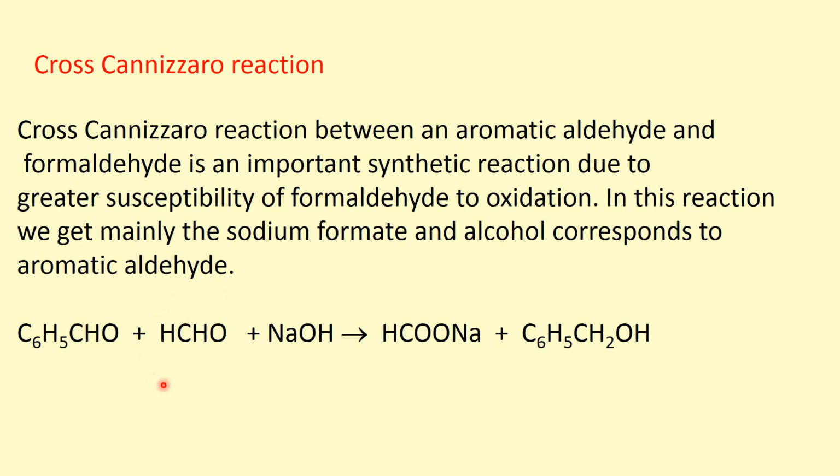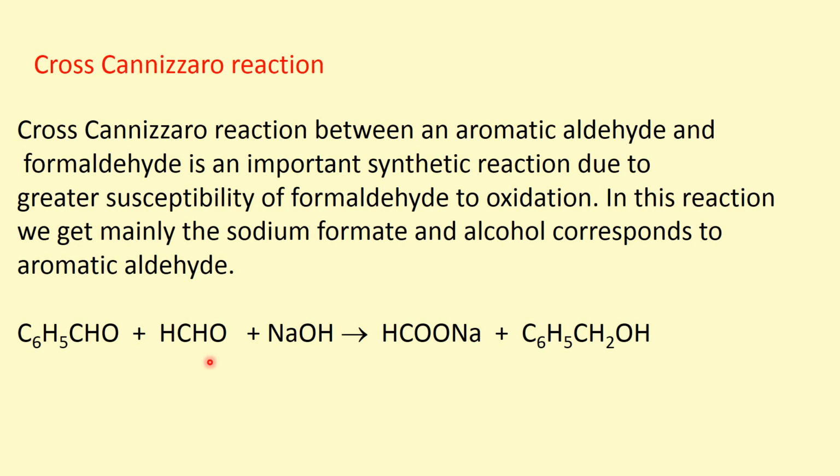Generally, in the Cannizzaro reaction, if you take one molecule as formaldehyde, then formaldehyde is a strong reducing agent, so it always oxidizes to formic acid and it reduces the other molecule. In this reaction, we get mainly sodium formate and the alcohol corresponding to the aromatic aldehyde. So here it is, the Cannizzaro reaction between benzaldehyde and formaldehyde.